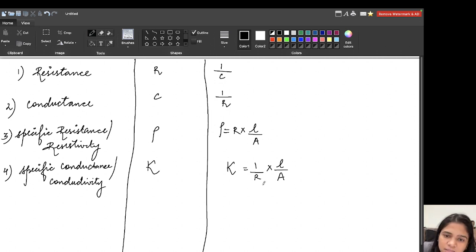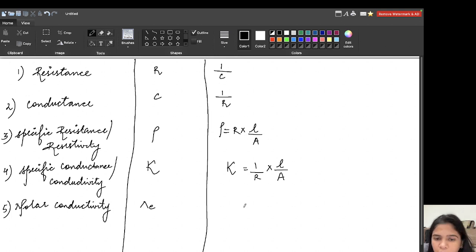Then fifth thing we studied was molar conductivity, lambda M, equals kappa into 1000 by M, the conductivity of all the ions present in 1 mole.